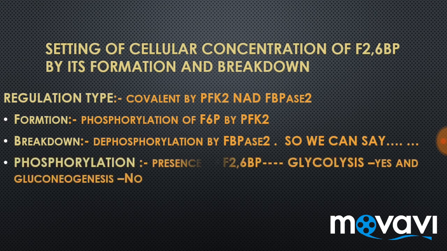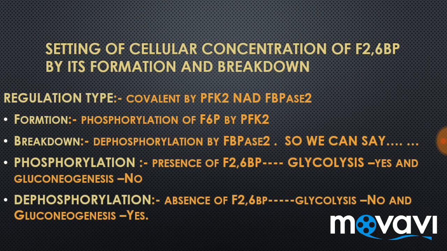So we can say if there is phosphorylation, there would be presence of fructose 2,6 bisphosphate. It means if it is present, glycolysis would be continued and gluconeogenesis would be stopped. And on the other hand, if there is dephosphorylation by the enzyme FBPase2, there would be absence of F2,6 bisphosphate. So there would be no glycolysis and gluconeogenesis would be favored. It would be stimulated.